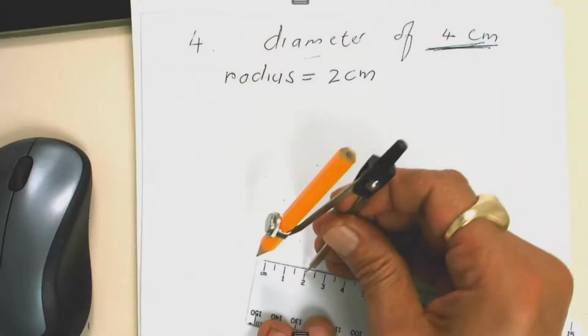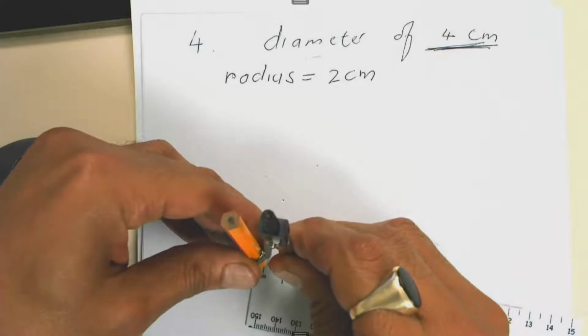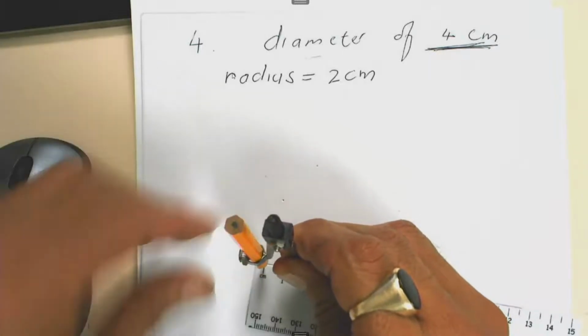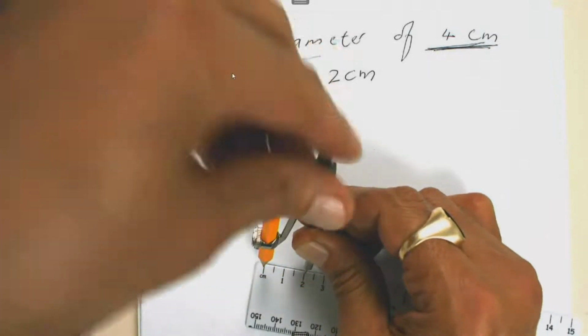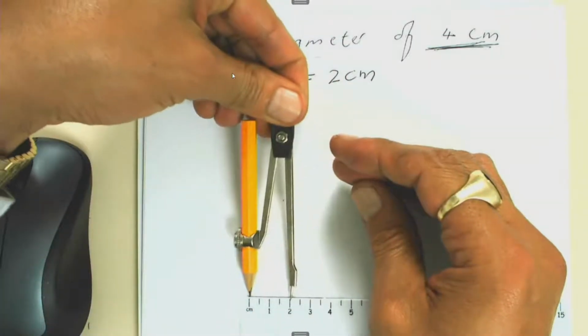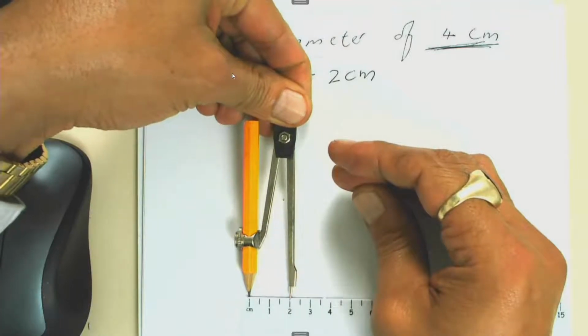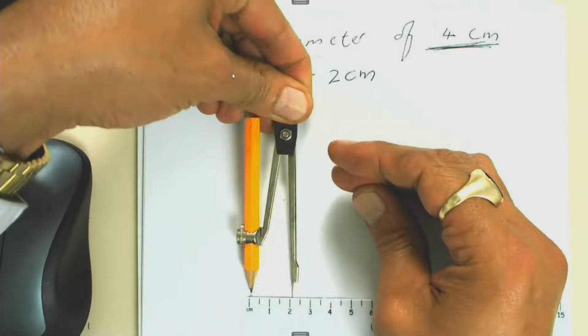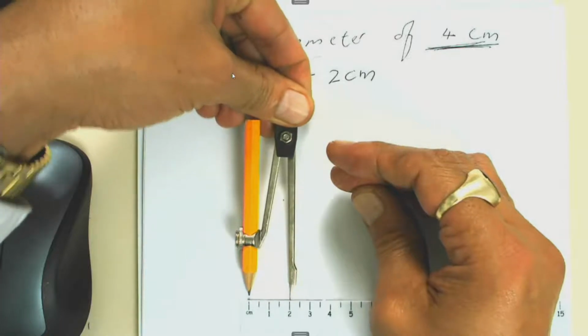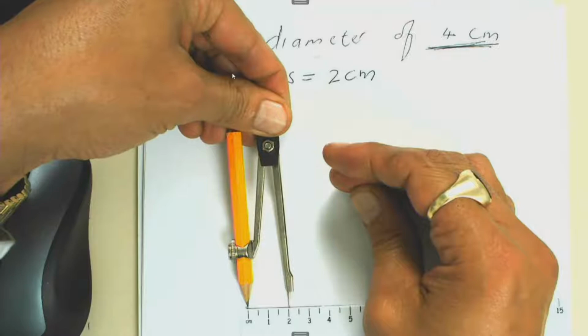There's my one point on 0. My one point is on 0. And the other point, I hope you can see, is on 2, and that is my radius. See exactly what I do? The one is on 2 and the other one is on 0, and that is my radius.